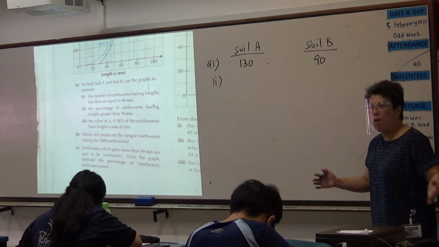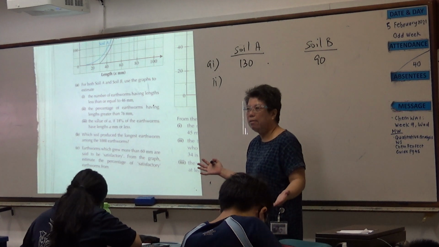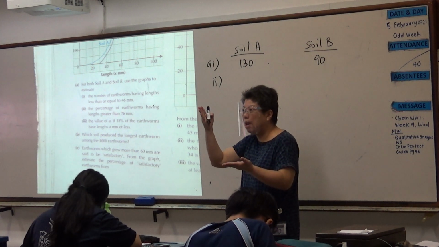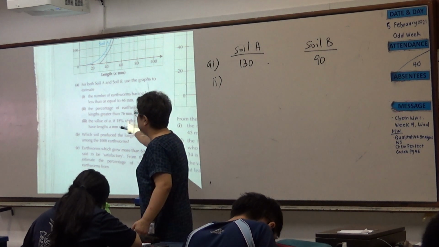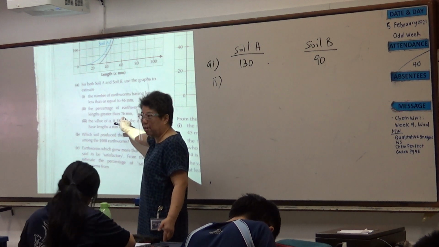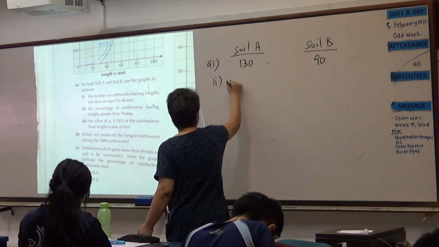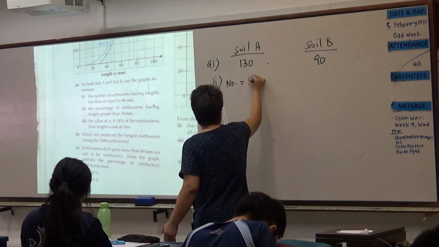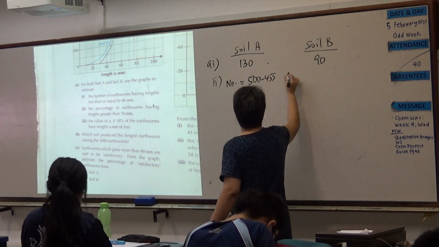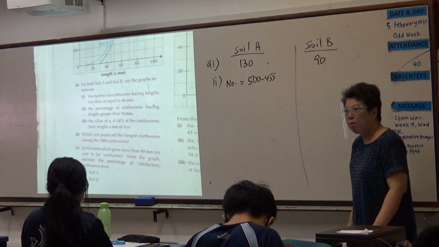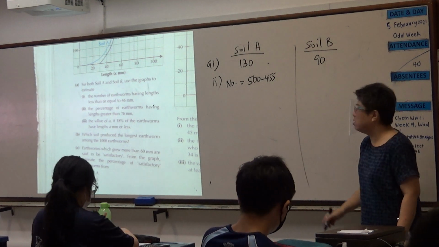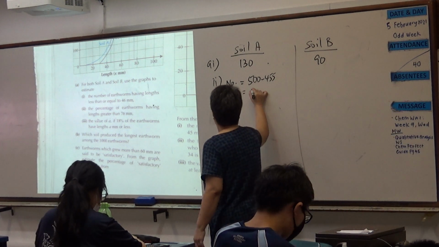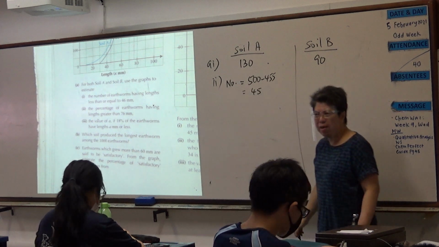But is 455 the answer? 455 is the number of earthworms less than or equal to this. They want greater, so the number will be 500 minus 455. So what is this number? 45, right?